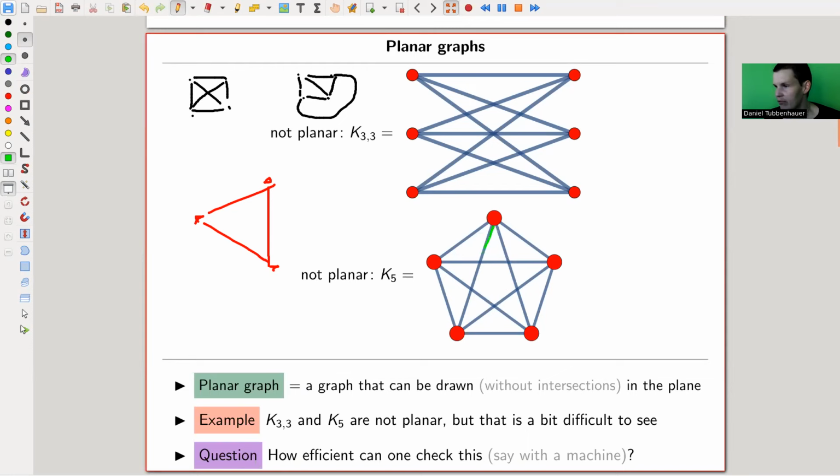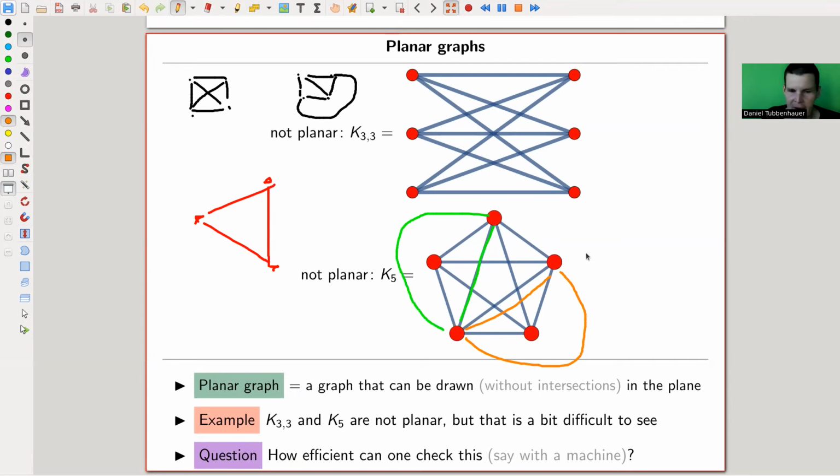So maybe you could try to redirect first this edge, okay, then you already get rid of two intersections. Maybe this is a better color, maybe then you can redirect this edge, and then you still have this intersection. You somehow play around with it, and you try to make a planar drawing. Eventually you will convince yourself that it is not possible, but it gets very delicate.